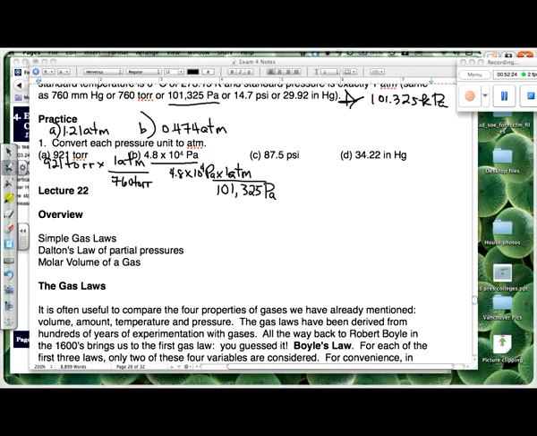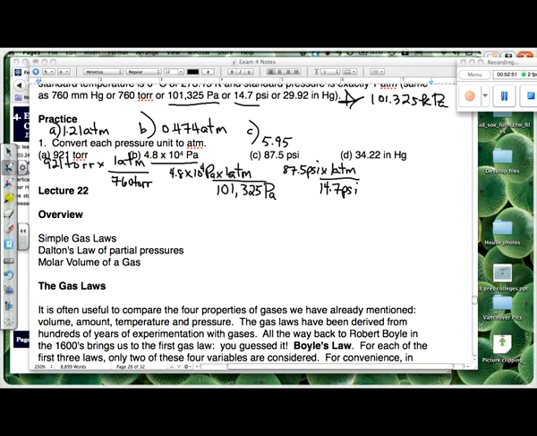Okay. PSI, 87.5 PSI times 1 atmosphere has, it's right here, 14.7 PSI. So 5.95 atmospheres.